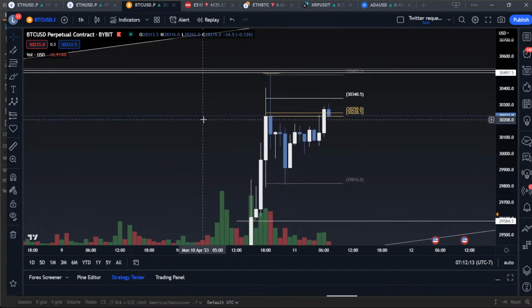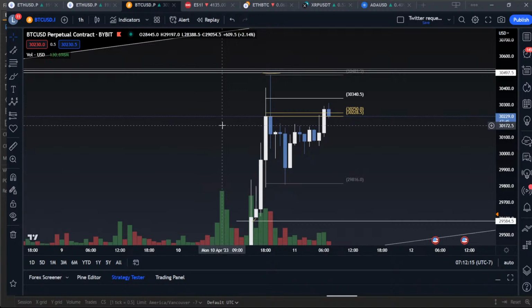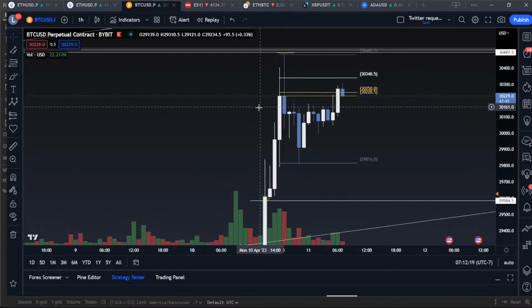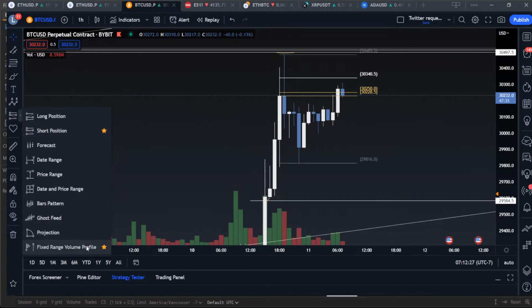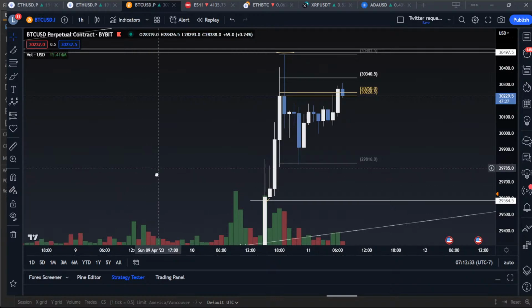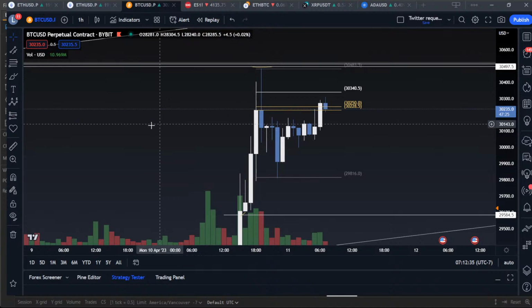Someone's asking if all the indicators that I use are free on TradingView. As far as TradingView goes, everything's free. I do have the pro subscription, but I can't remember if the fixed range volume profile is free or not. That's the only thing I can't remember. But I think everything is generally free. I manually chart everything.